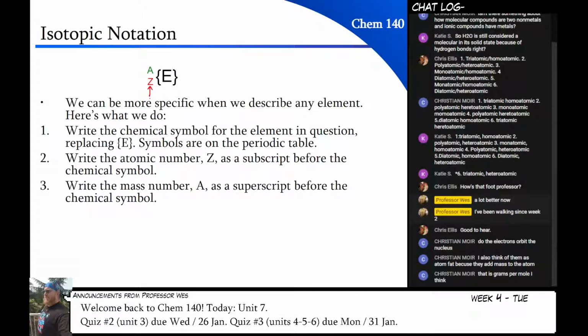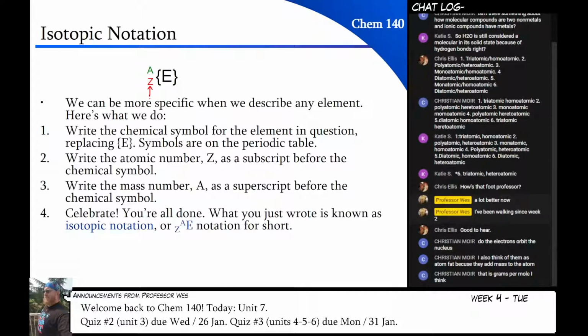And then finally, if necessary, you could write the charge up here. But for our purposes, if we're just dealing with neutral atoms, we don't have to worry about that. So at that point, we can just celebrate. And this is known as isotopic notation. I have made up this little shorthand. I call it ZAE notation. Nobody else calls it that, though.